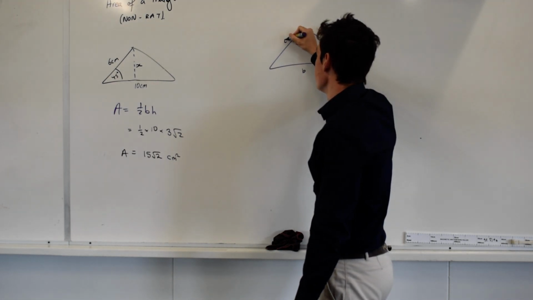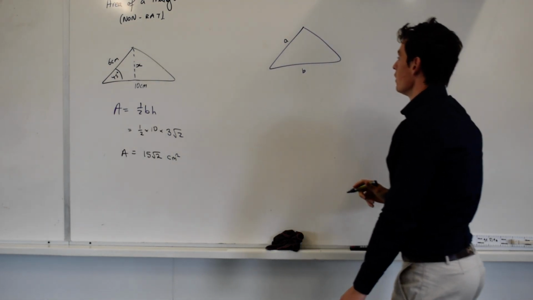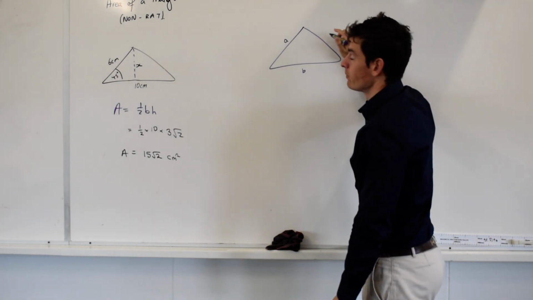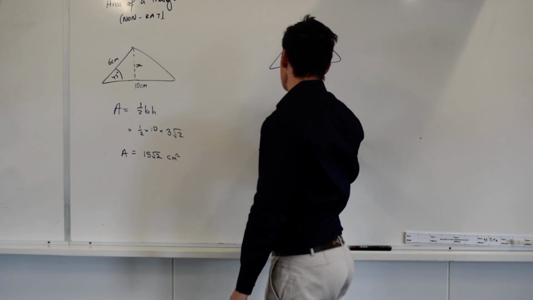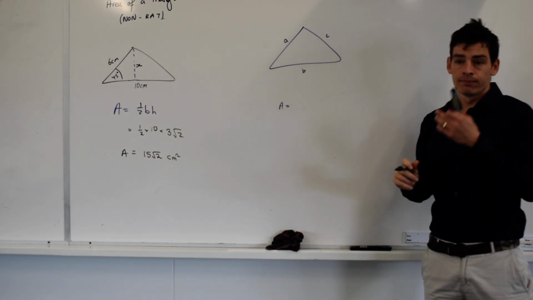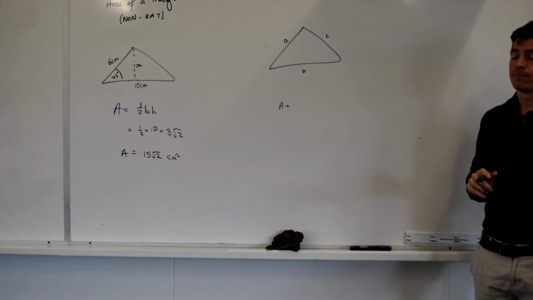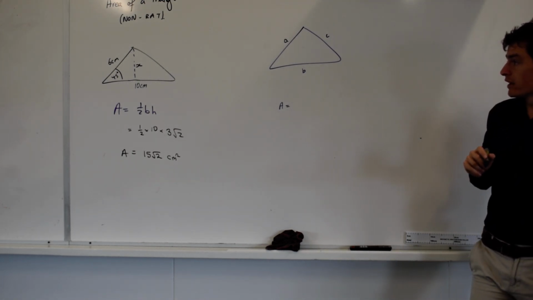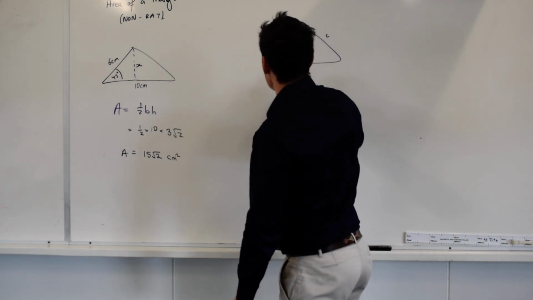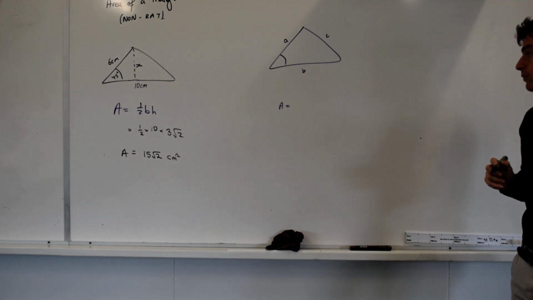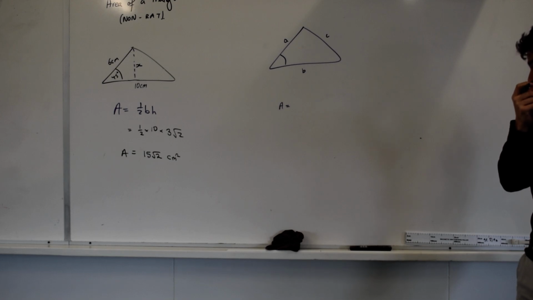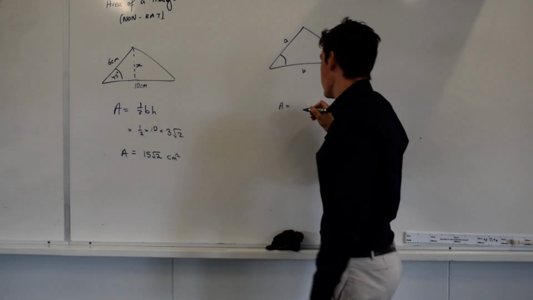What does that make this side? C. So if I want to find the area of this triangle, it's got to equal what? Let's say I know this angle here. What's a general rule? What's the original rule that we had?